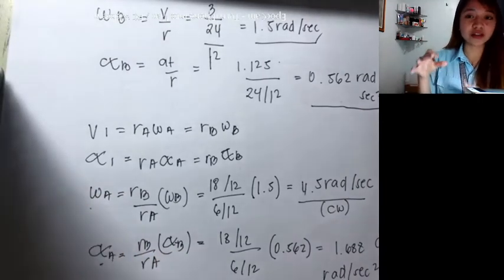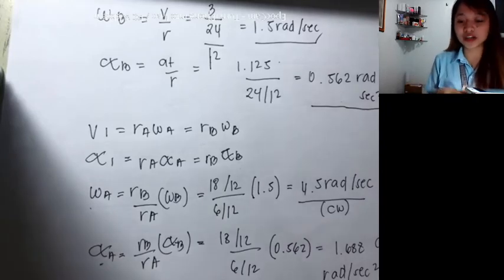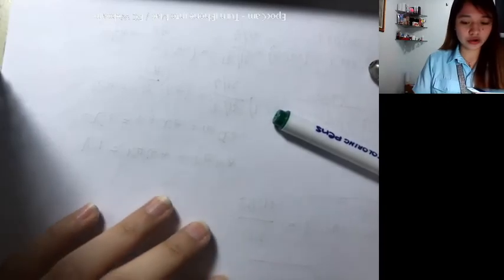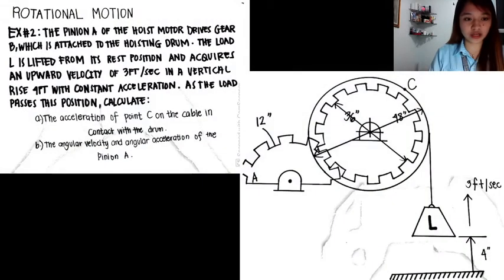You can solve it like this, but you can also prefer to solve graphically. So I'll be showing it graphically. You can simply draw the figure, the pinion and the drum here.